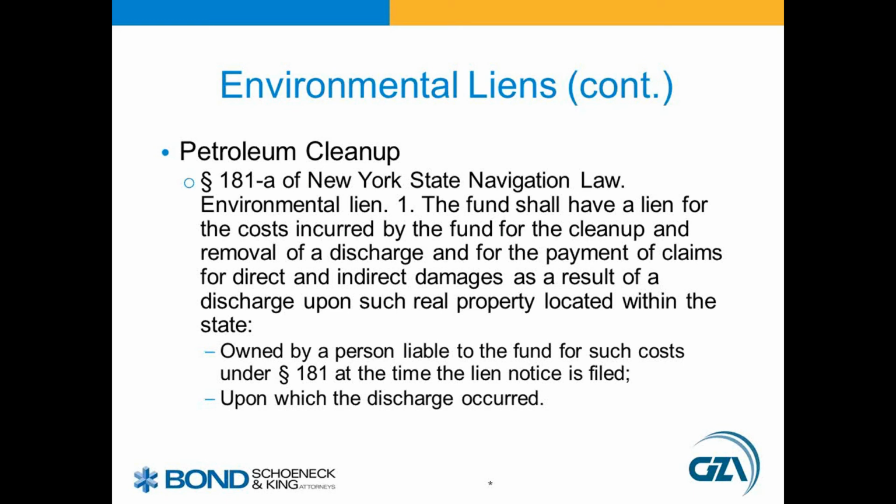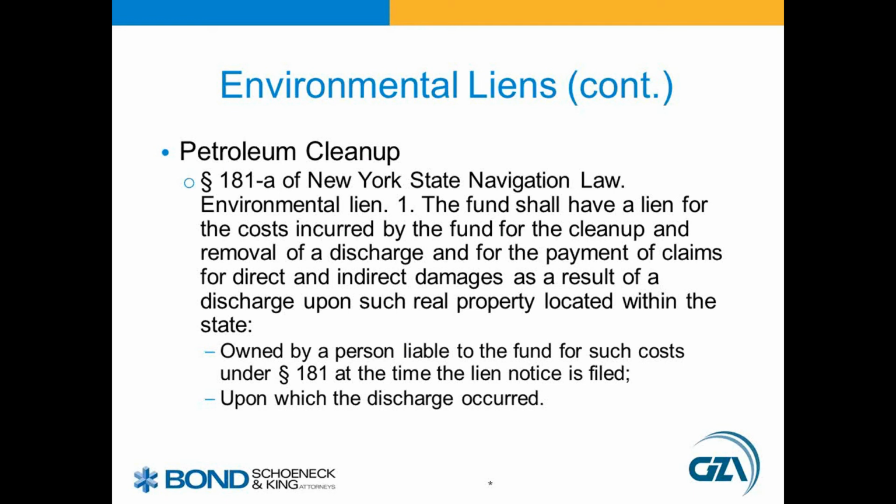Now that goes on the property. When it goes on the property, it does not impact prior security interests like a mortgage that may already be on the property, but it is a lien. It can be enforced as a lien on the property, and it's something to be mindful of.